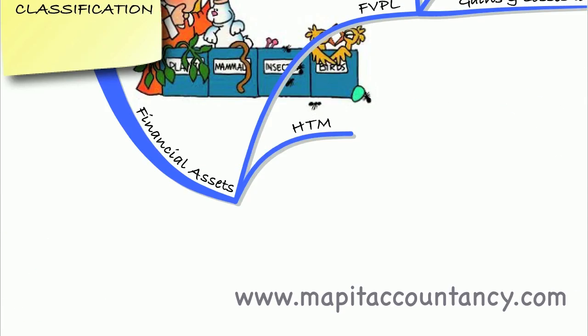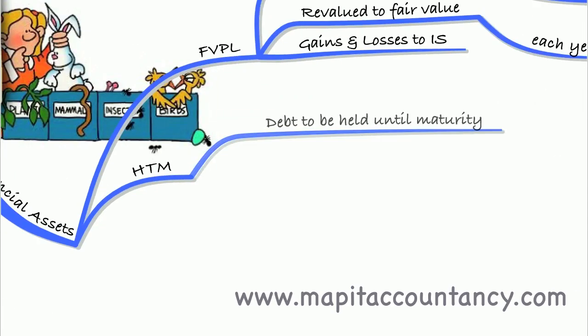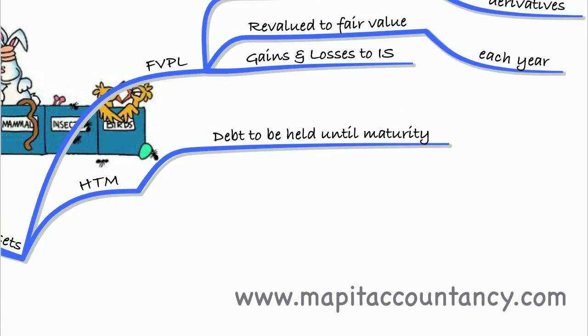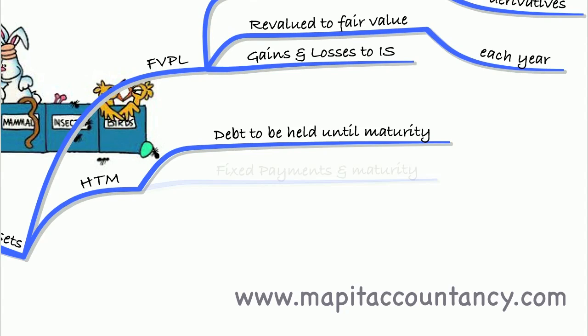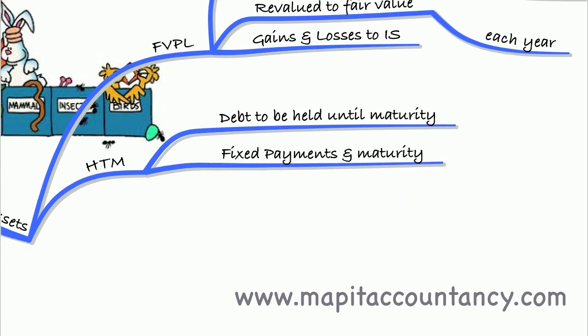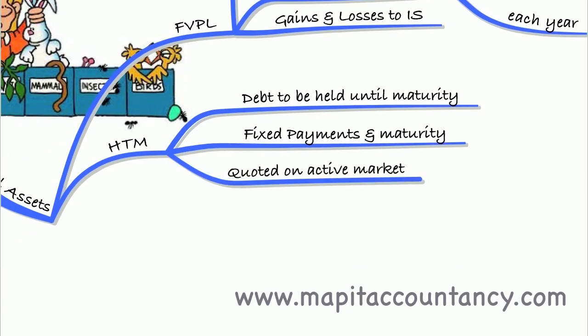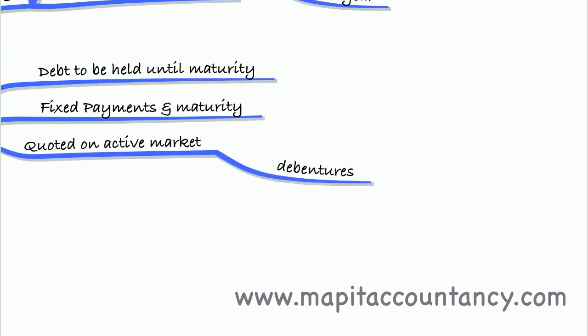For items that held to maturity, these will be debt that will be held until maturity, i.e. debt held until you get it back. So there will be fixed payments and a maturity date on it, and these will be quoted on an active market. So these would be things like the debentures of another entity, the debentures of big companies.